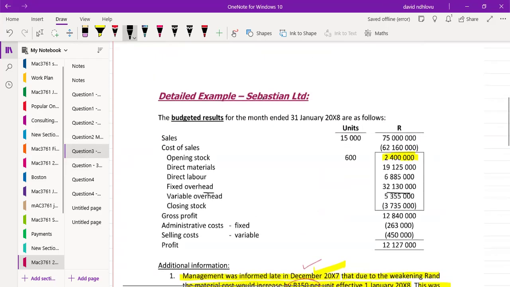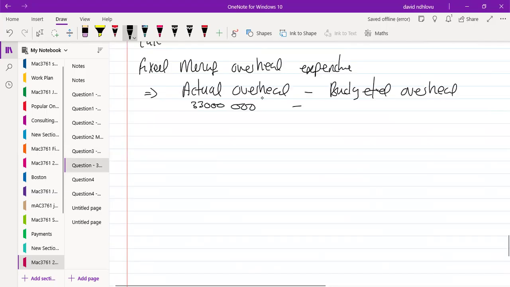Remember, these are budgeted results. So 33 million are the total actual overheads incurred, but we had budgeted for 32,130,000.